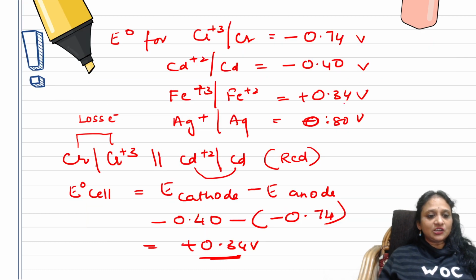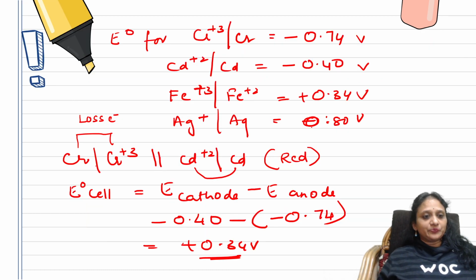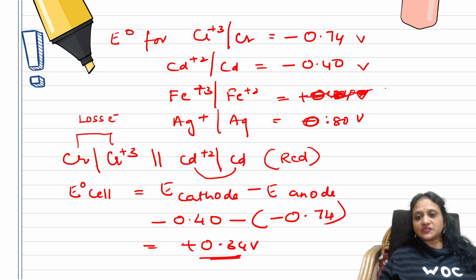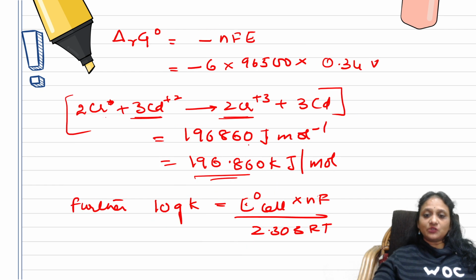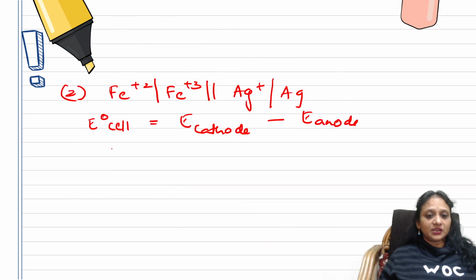So iron value and silver value, right, students? Iron value, how much was it? This is 0.77, students. I'm sorry, this is 0.77. Okay, right. So I'm going to take both iron value and silver value and substitute there. E cell is equal to the cathode value, that is silver value.